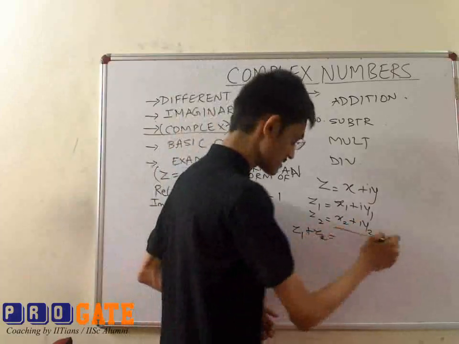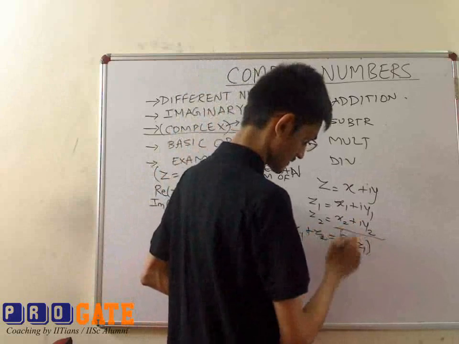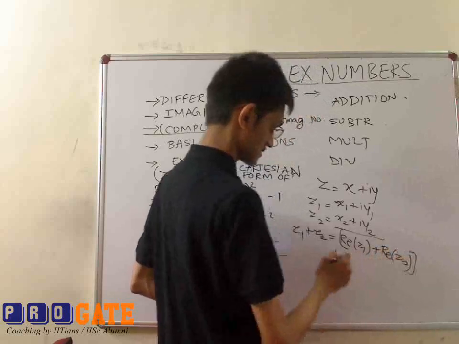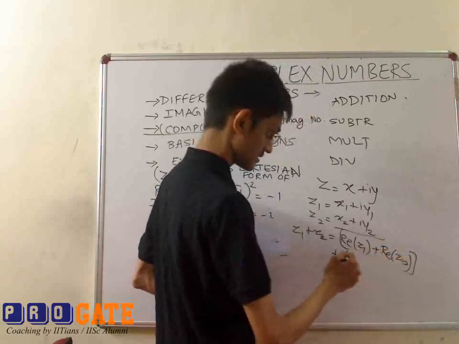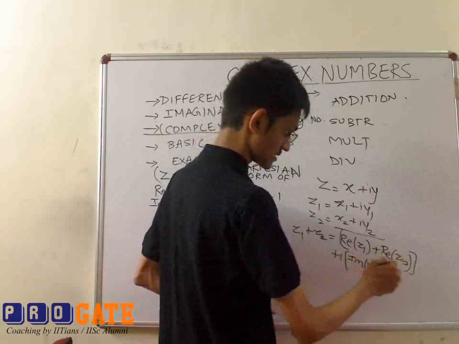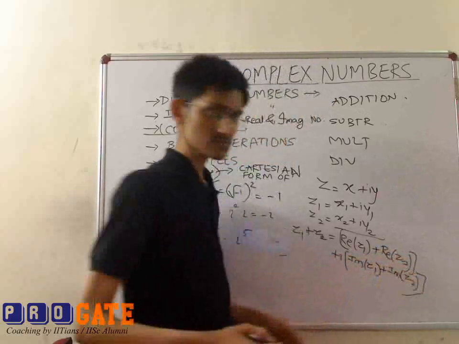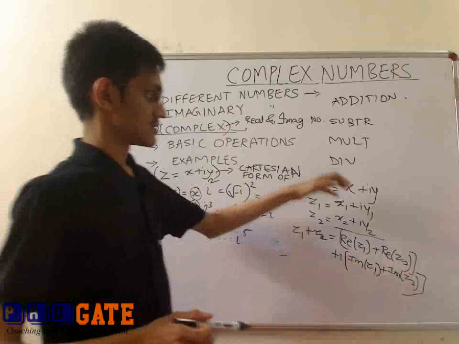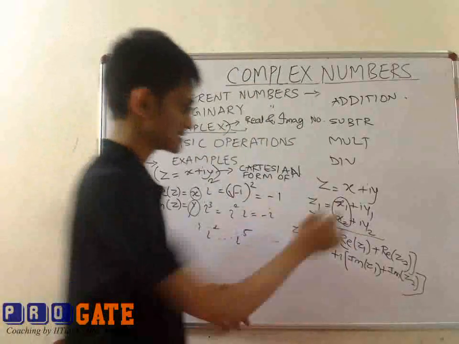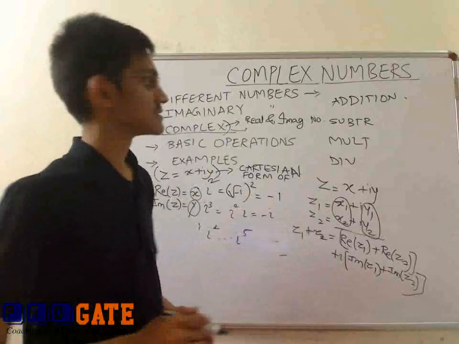You have to add the real parts of both z1 and z2 together and the imaginary parts of z1 and z2. So add the real parts of each of the complex number together. Similarly, add the imaginary parts of each of the complex number together.